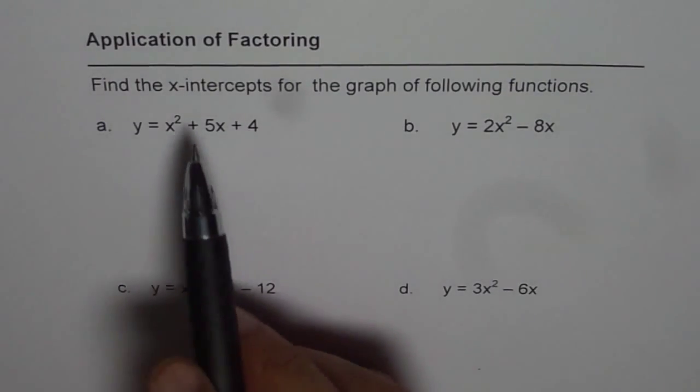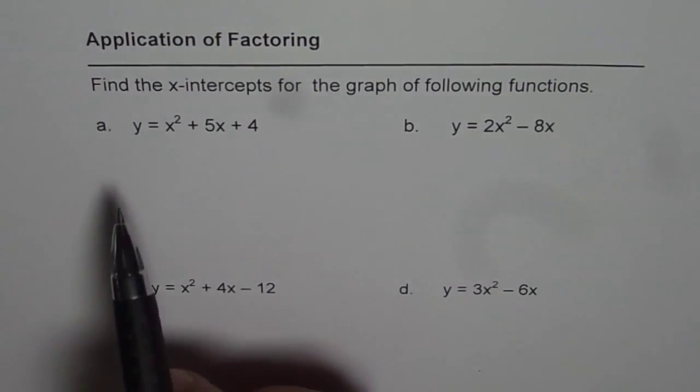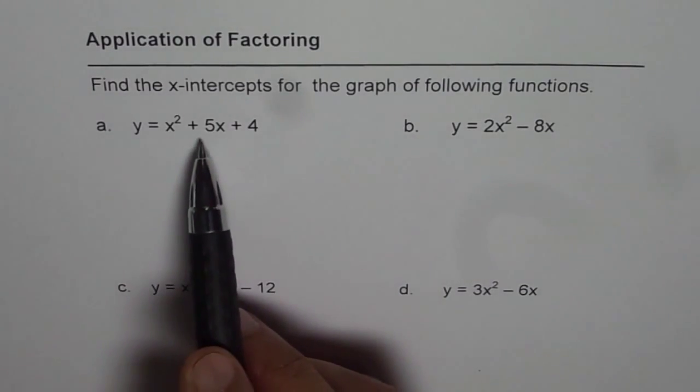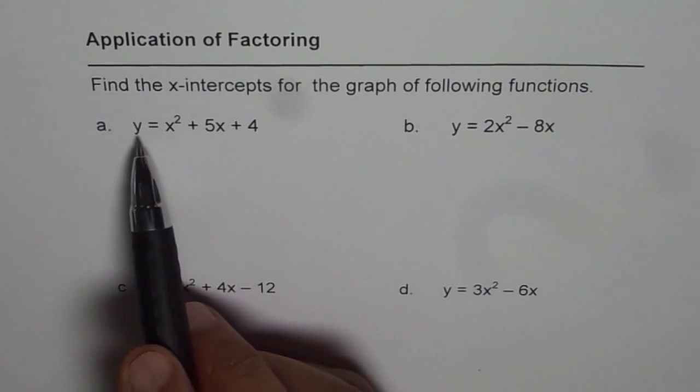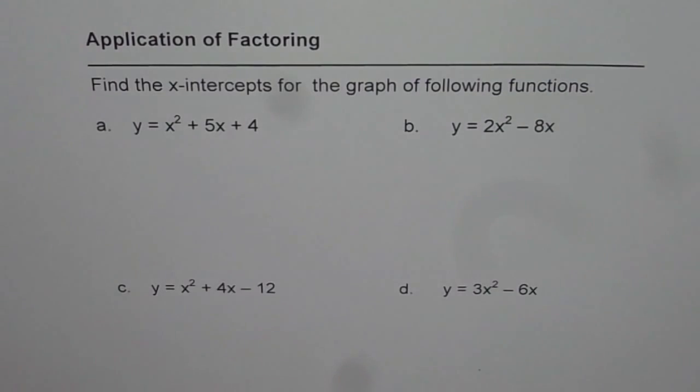Now when we say x-intercept, that means y should be 0. So basically we're trying to solve an equation where one side is 0. So the technique should be factor the other side and then equate each factor to 0. That is how factoring is applied to find x-intercepts, and that's the whole idea for this video.